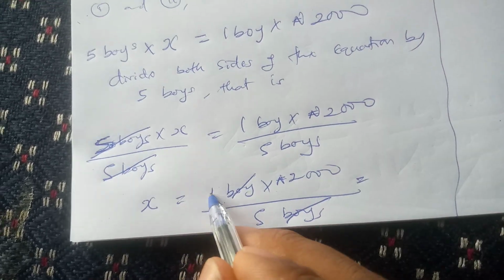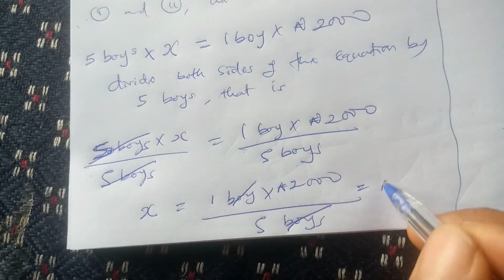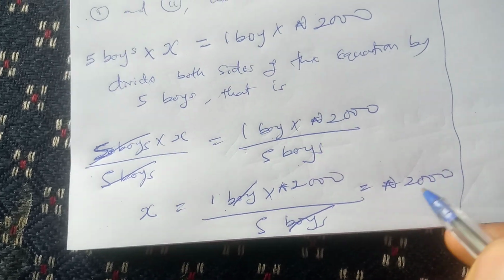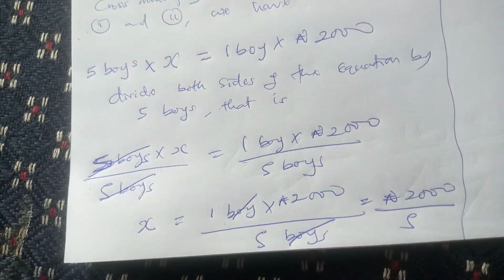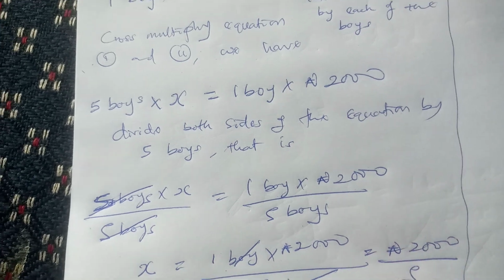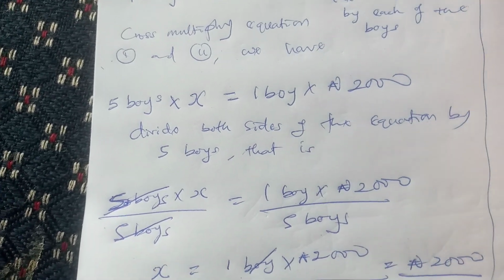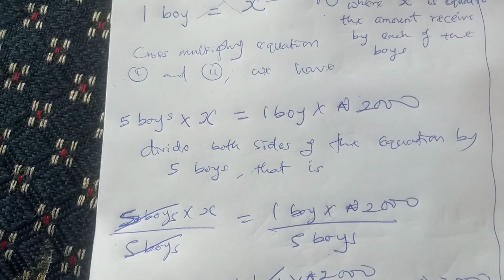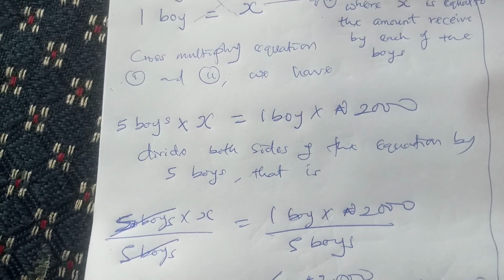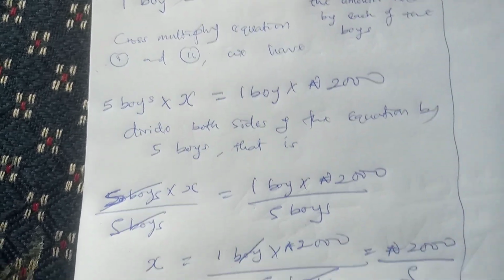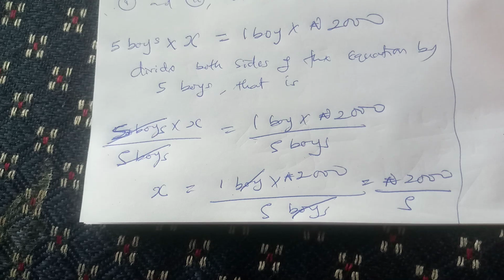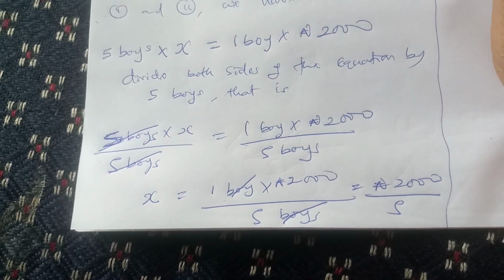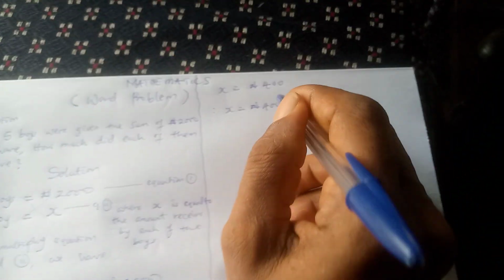We are left with 1 times 2000 naira, and that gives us what? 2000 naira divided by what? 5. 2000 divided by 5 simply gives us x equals 400 naira.